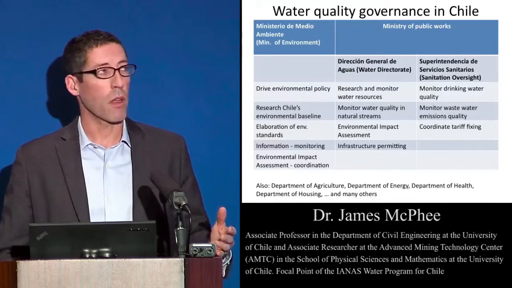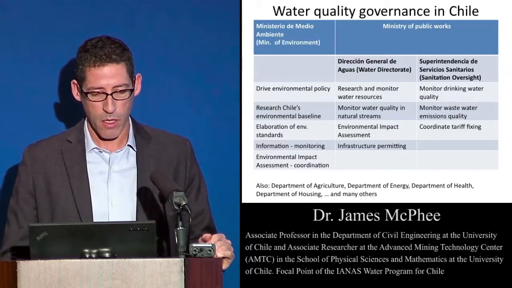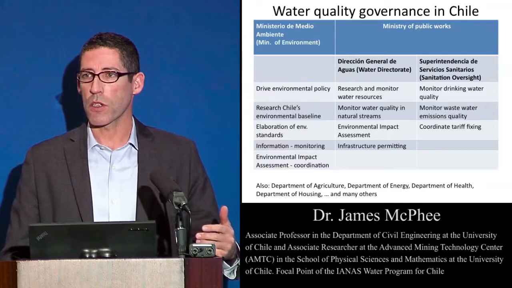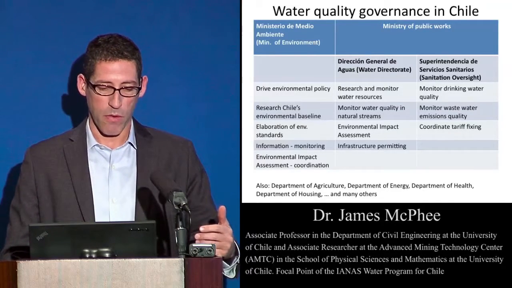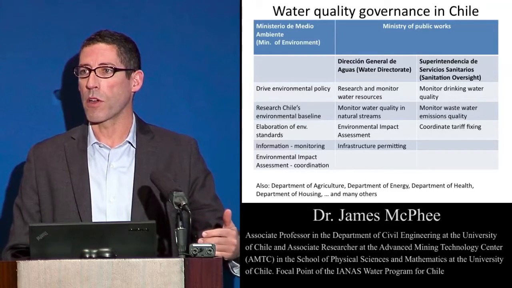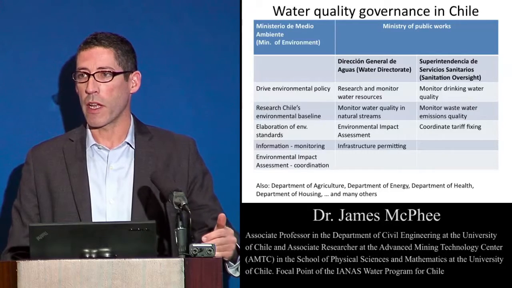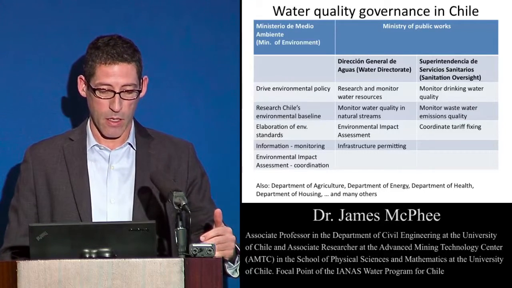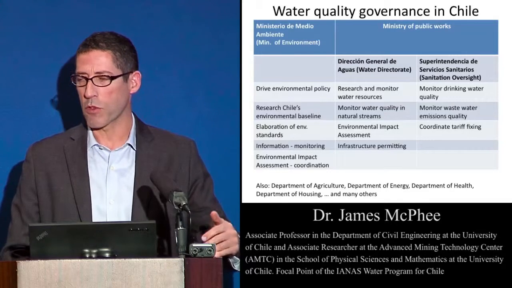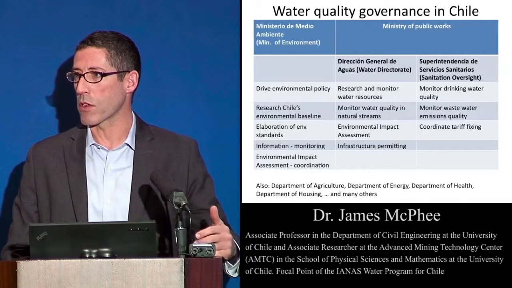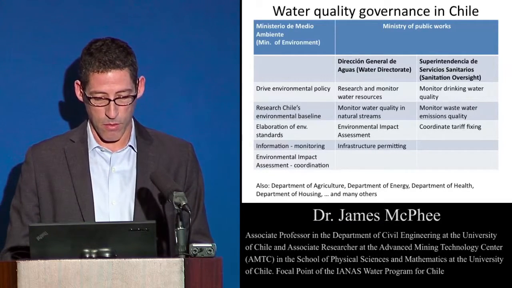The Ministry of Environment, among its roles, is to drive and coordinate environmental policy, research the country's environmental baseline, elaborate environmental standards, coordinate information and monitoring efforts, and also coordinate the environmental impact assessment system, which is important for us when it comes to making sure that new developments in different industries are compliant with environmental regulation.